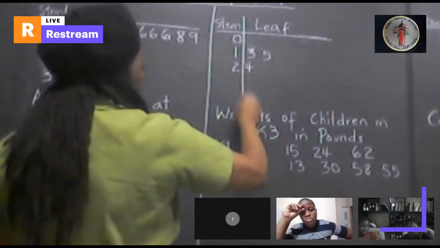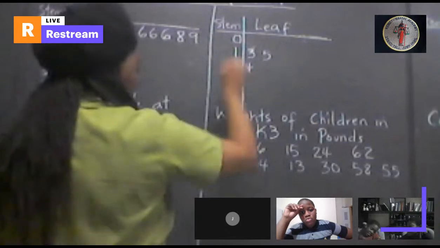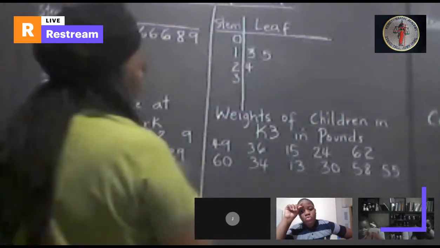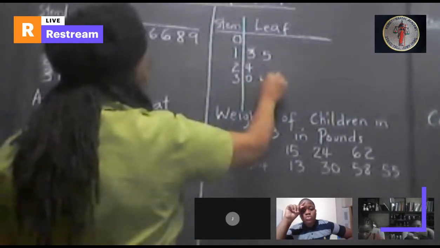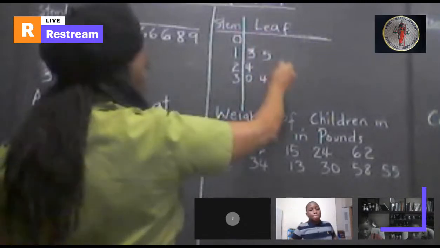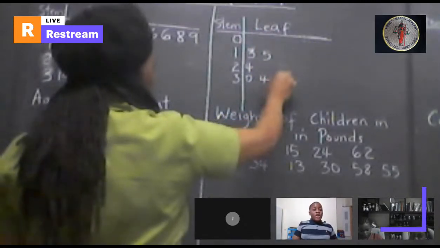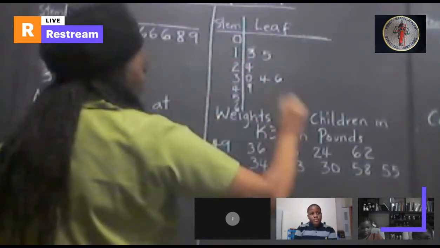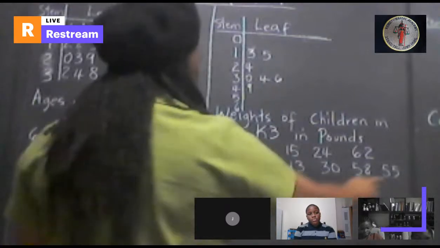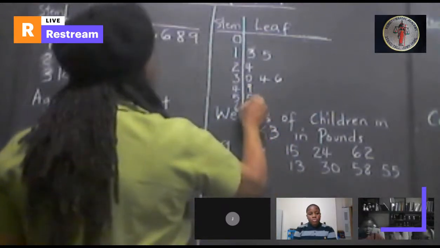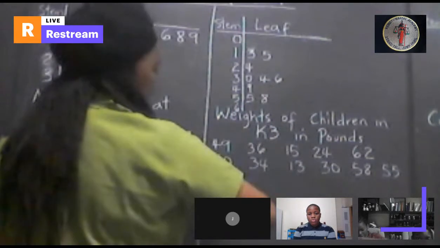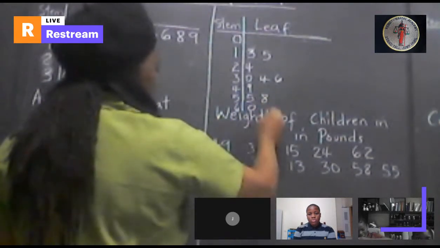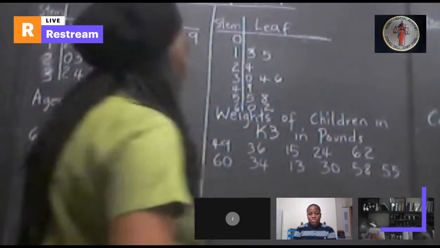For the 30s, we have 30, 34, and 36. For the 40s, we just have 49. For the 50s, we have 55 and 58, and for the 60s, we have 60 and 62. So let me make sure I have all my numbers.